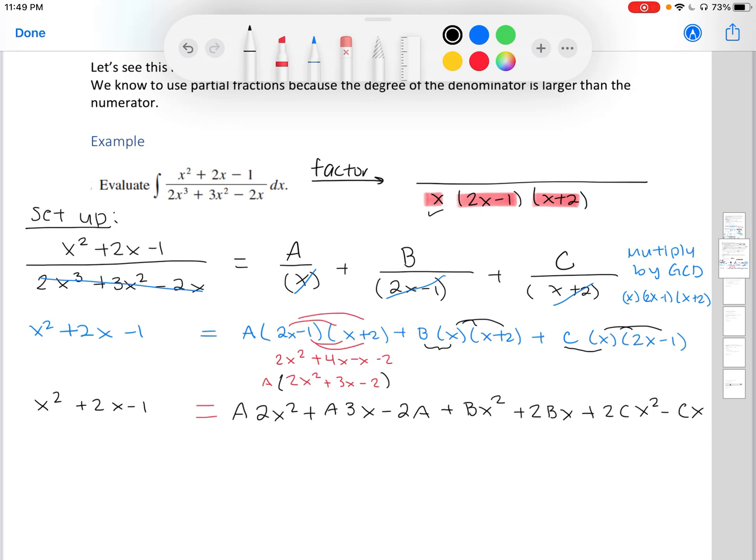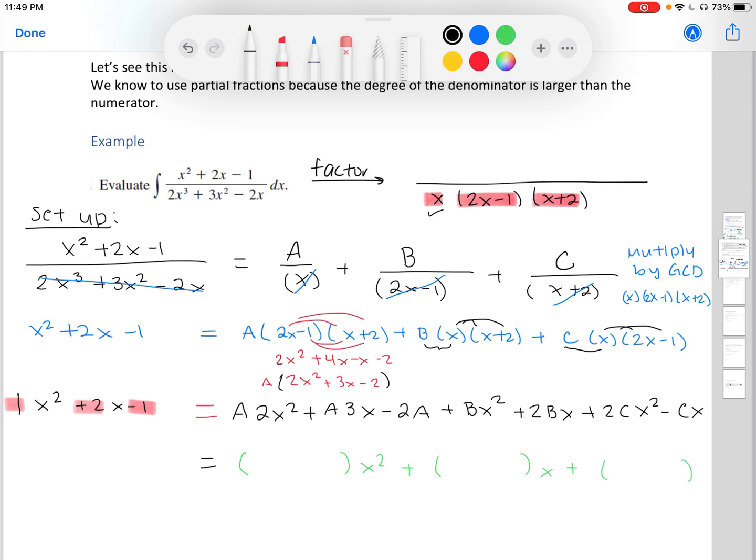Okay, from here, our hope is to set up our constants with our variables. So what we're going to do is group all of our x squareds, then we're going to group all of our x's, and then we're going to group all of our constants, so the ones that don't have x's.